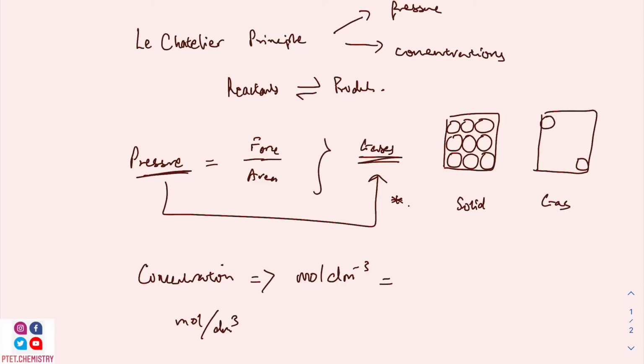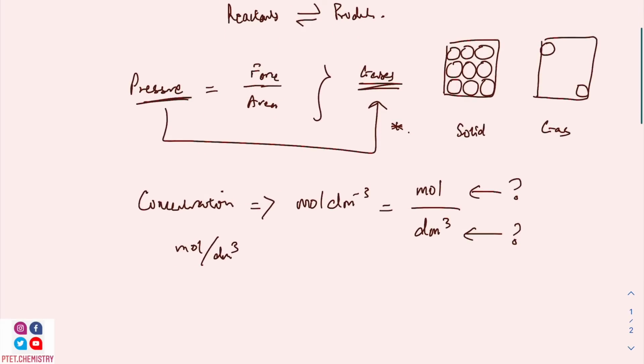That is equal to mole over dm cube: how much of the substance divided by the volume of the solution. Or it could even be the volume of the gas. How much mole is there per dm cube of the volume? Gas has volume, solution also has volume. So don't forget that gas also has volume.